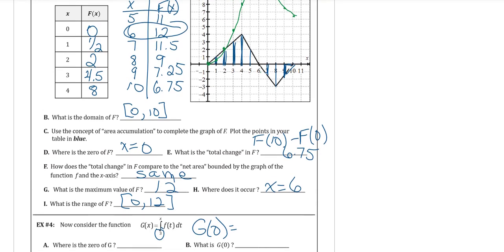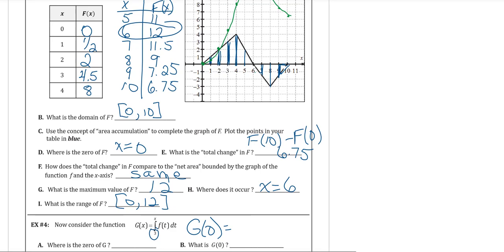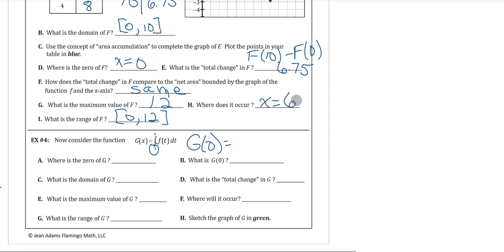In order to get 0, we have to go backwards here. So we're going to take our starting value and subtract from it going backwards. So we have to take off how much area is added on here to get to 0. So this area here has to go away. So that's how we're going to define that here.